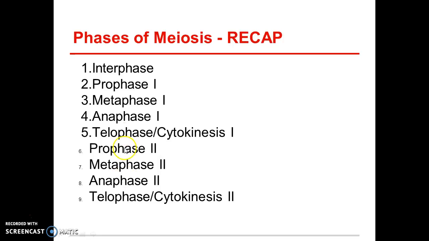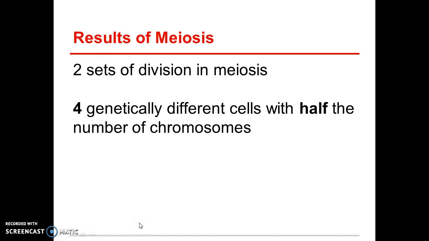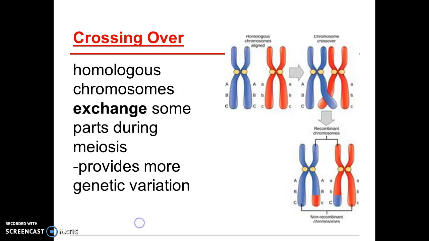So the second round actually resembles mitosis a little bit more. The results of meiosis, though, are 2 sets of division, okay? There's 2 divisions. There's 2 PMAT rounds. And you end with not 2, but 4 genetically different cells with half the number of chromosomes. Haploid, okay? And they're genetically different daughter cells.